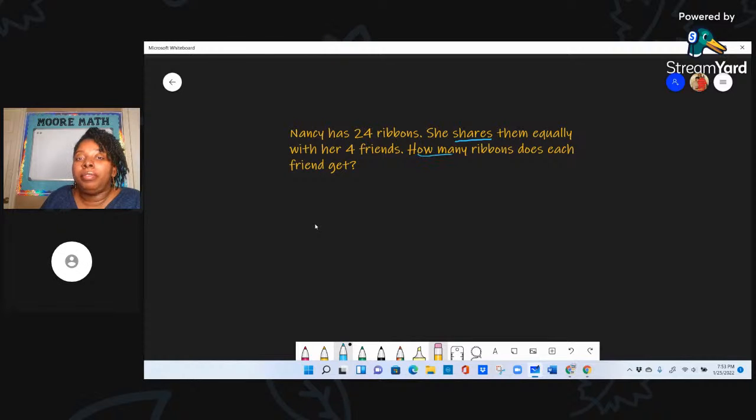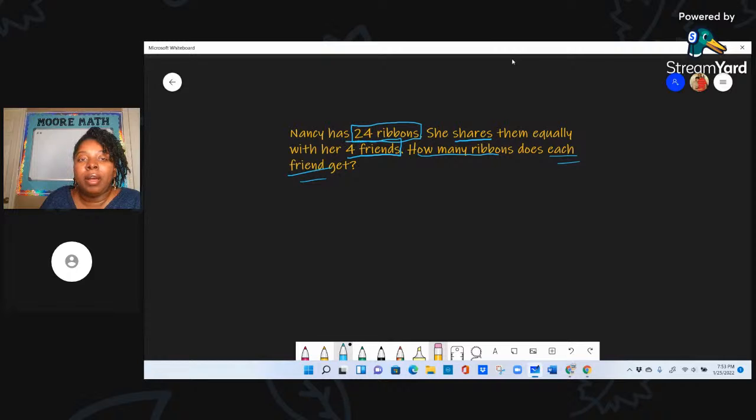We want to know how many ribbons for each friend. Also, it's important to know, how much does she start off with? 24. Good. So she's starting off with 24 ribbons. And who is she sharing them with? 4 friends. Good, her 4 friends.